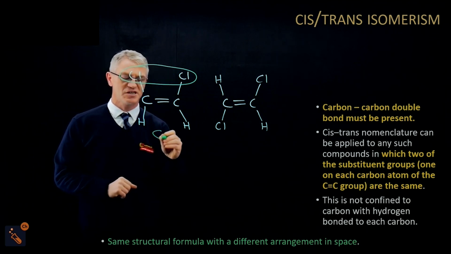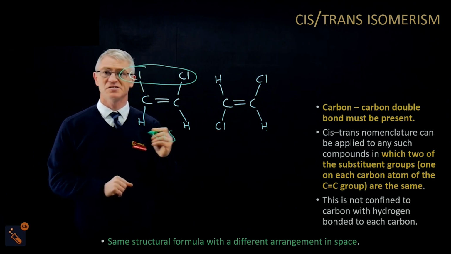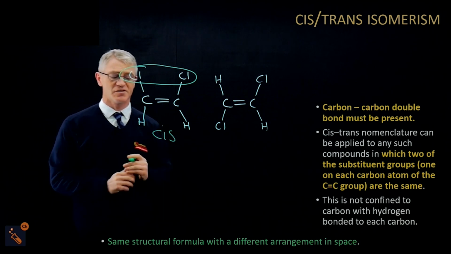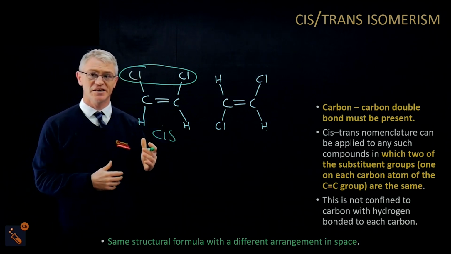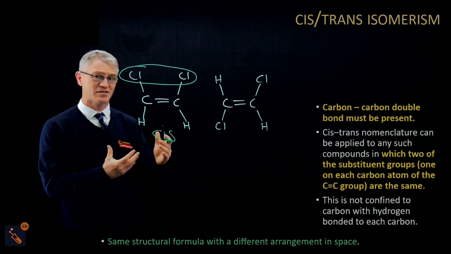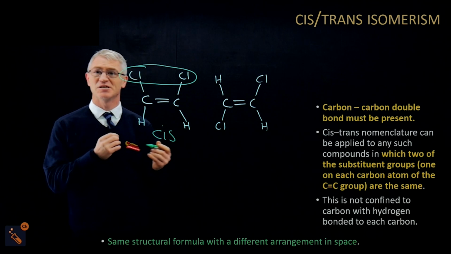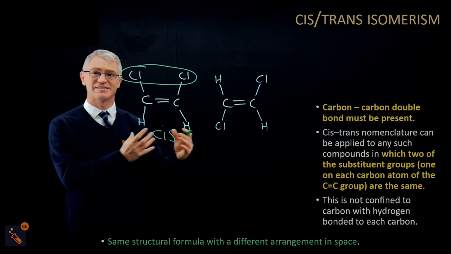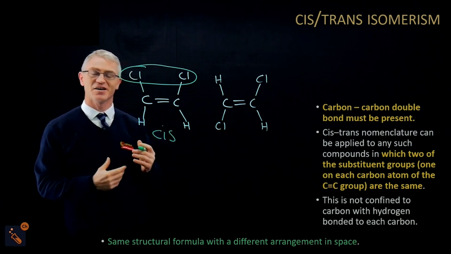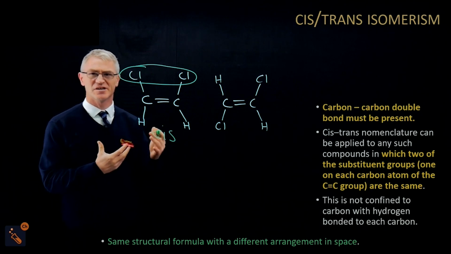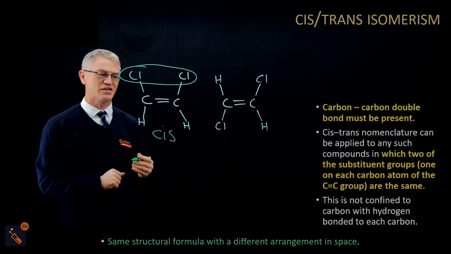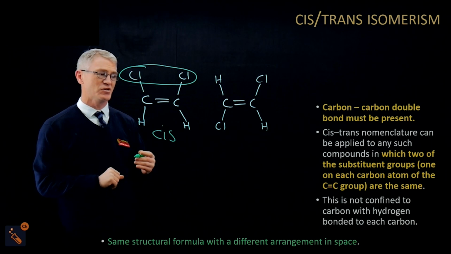If it's on the same side, we call it cis. Now I'm going to teach you a little trick here. Think about cis as the S meaning the same. So cis, same. That's an easy way of trying to keep it so that you can understand. And I'll go through other ways of E and Z as well in a minute.